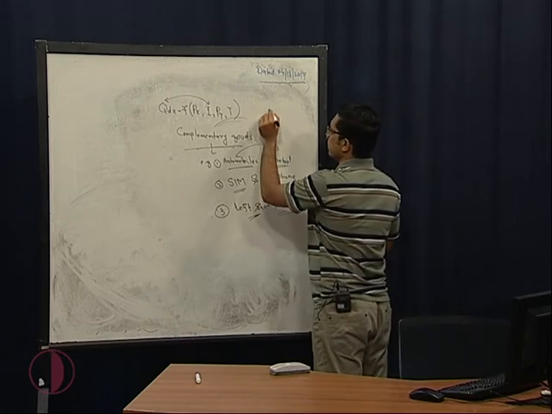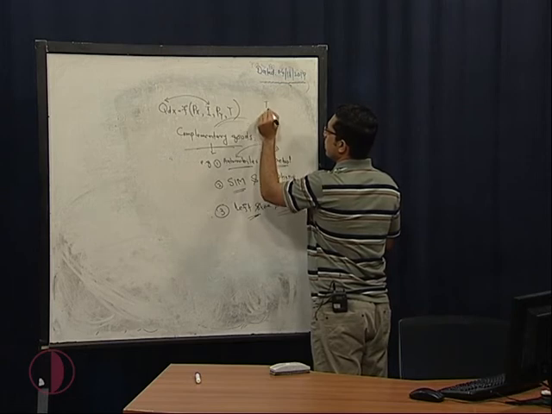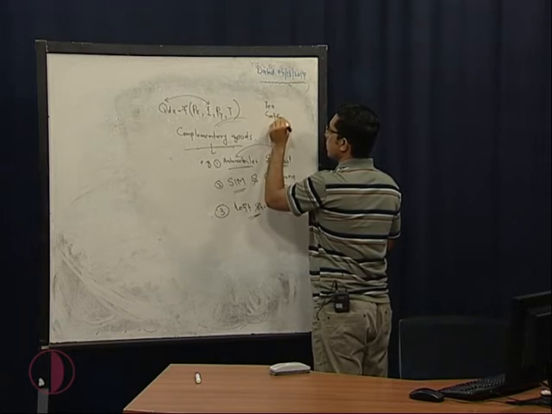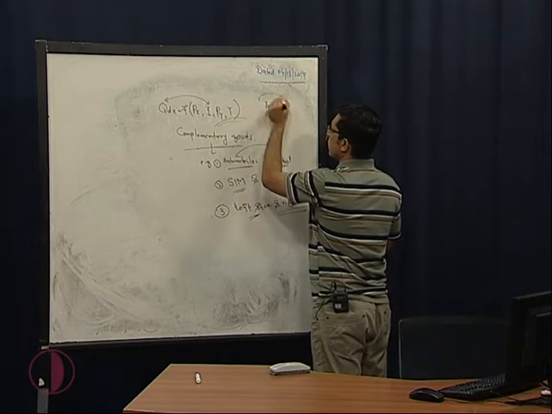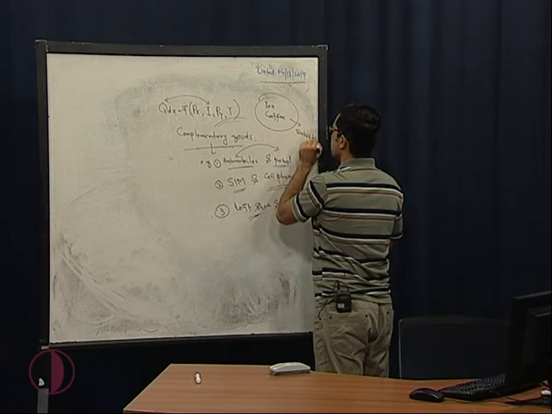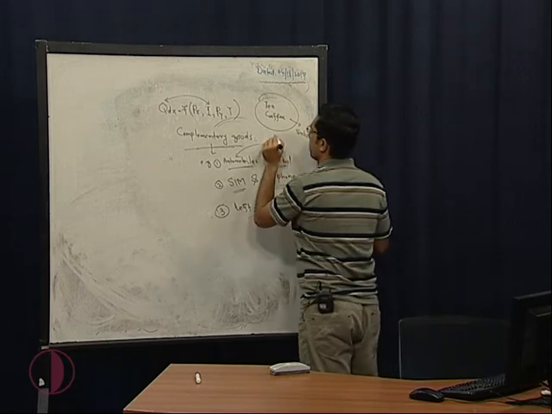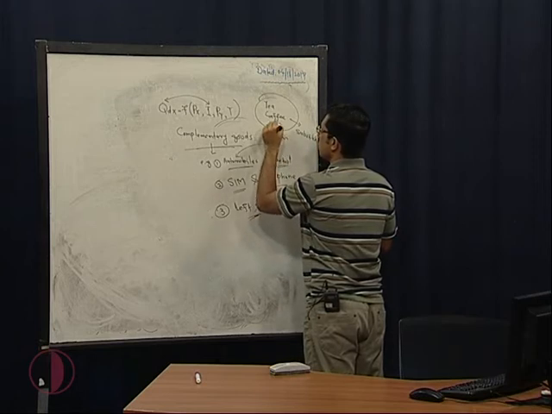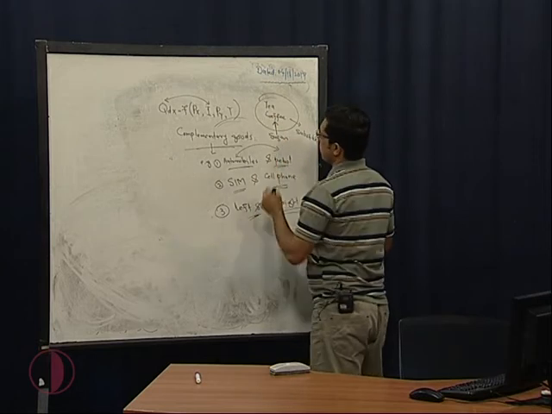For example, tea, coffee. These are substitutes. But what about sugar? Sugar for coffee or sugar for tea?